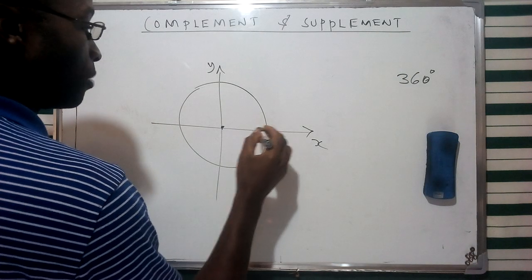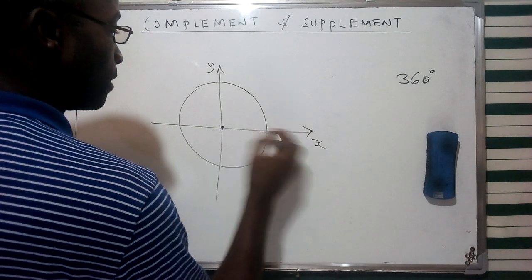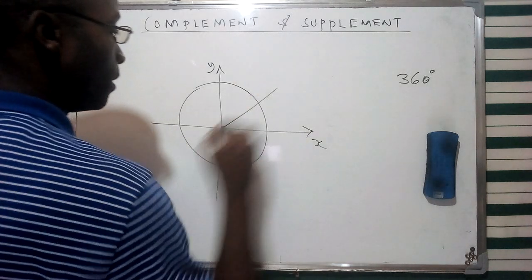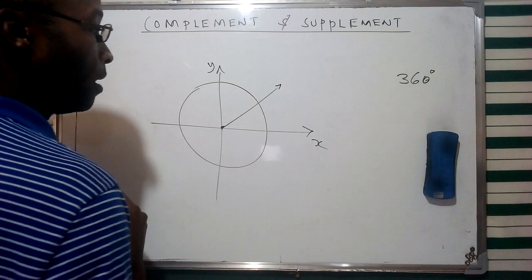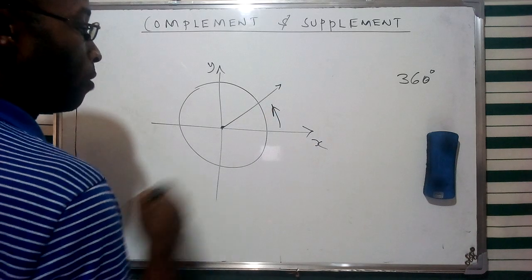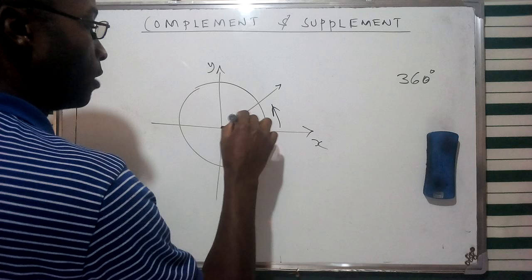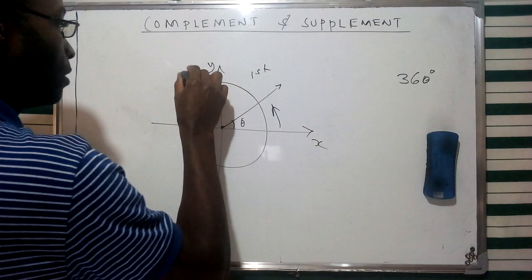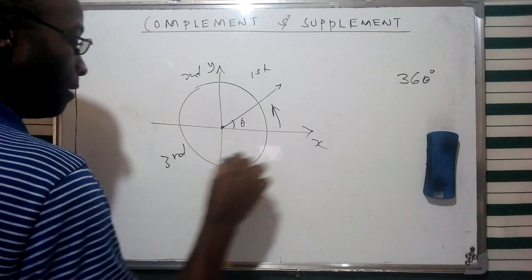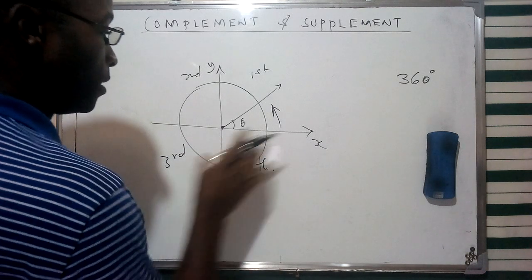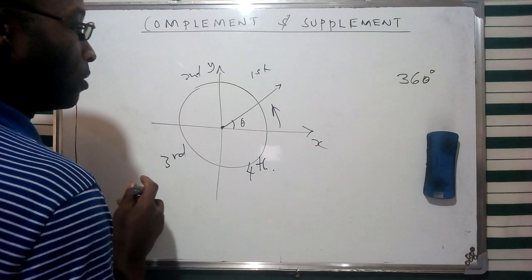We said that we're going to measure degrees starting from the x-axis, and the ray is going to extend in the anti-clockwise direction over this circle. So we're going to measure the angles in the first, second, third, and fourth quadrants.